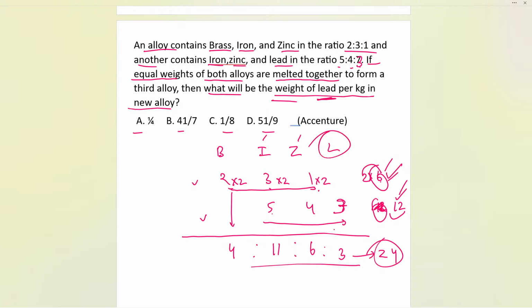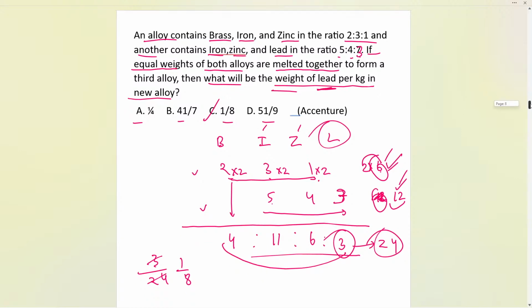Lead is 3 parts out of the total 24, so we have 1 by 8 as the answer, that is C, that we are matching here. In this question, some of the ratios I jumbled up, it's completely fine. Next time we can observe the same thing in a better manner.